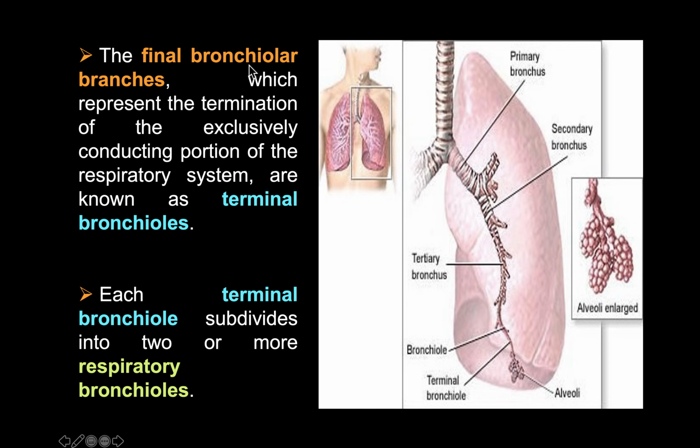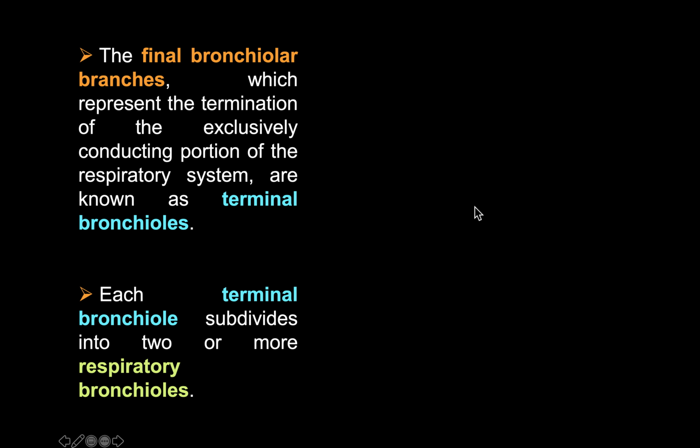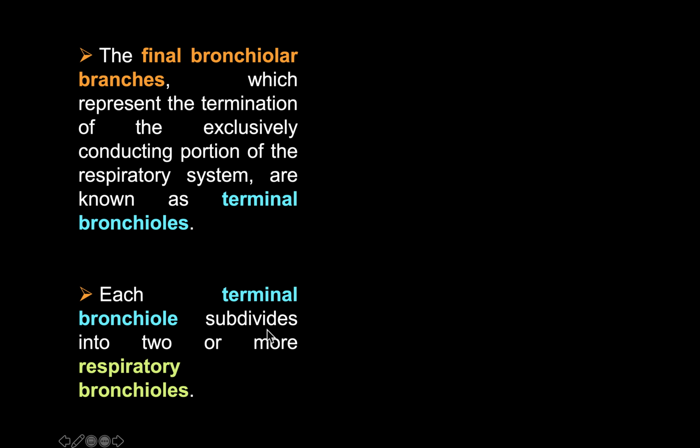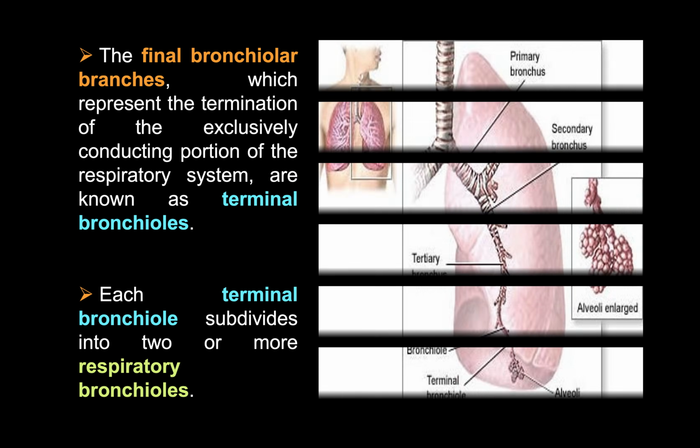We can see here the bronchial tree. This is going to divide. This is the main bronchi. Then we have the lobar bronchi, and these will further divide and bifurcate. And remember, every time we have a bifurcation, there will be two new tubes, and also the diameter of these tubes will reduce.